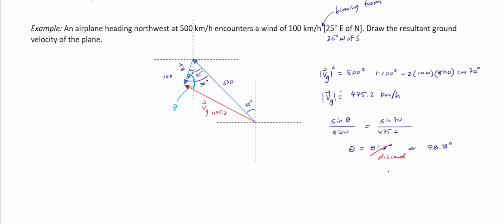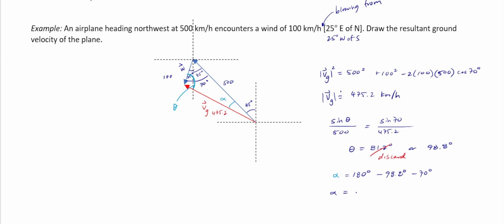All right, so I know that this angle right here is 98.8, so that means I can find this angle over here, which I'm going to call alpha. So alpha is equal to 180 degrees minus 98.8 degrees, minus the last angle in the triangle, which is 70 degrees.